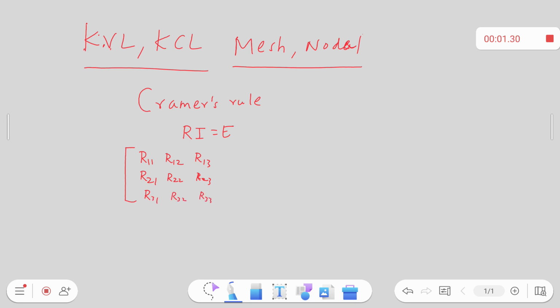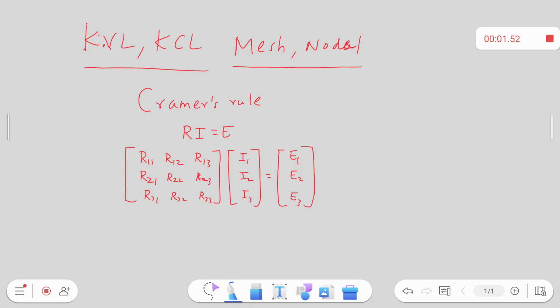This is a 3 cross 3 matrix which consists of 3 loops, followed by my unknown values I1, I2 and I3, and then my voltage sources are E1, E2 and then E3.